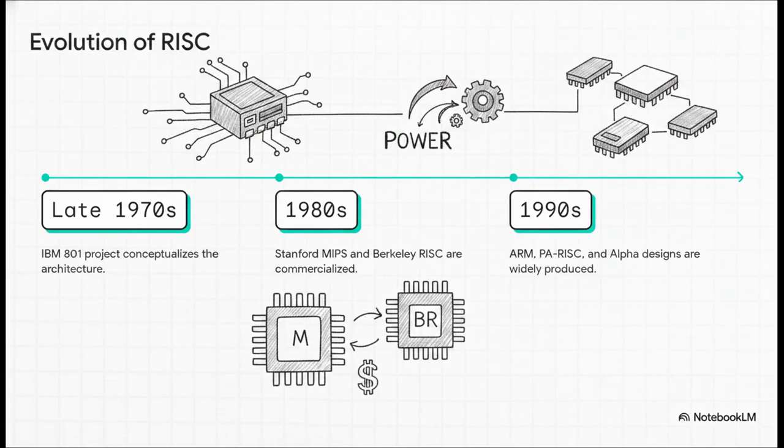Those were Stanford MIPS and Berkeley RISC. These academic projects proved the concept worked and were rapidly commercialized into the MIPS and SPARC systems. IBM eventually circled back, producing RISC designs based on further work on their 801 concept, which gave us the Power Architecture, PowerPC, and Power ISA. By the mid to late 1980s and into the 1990s, the floodgates had completely opened. This era brought us major designs like ARM, PRISC, and Alpha.